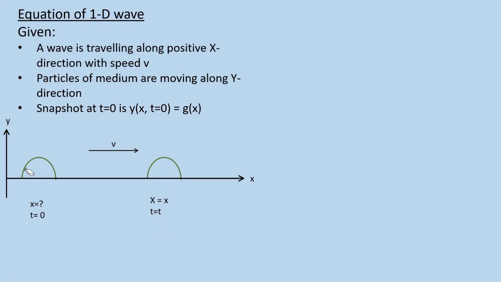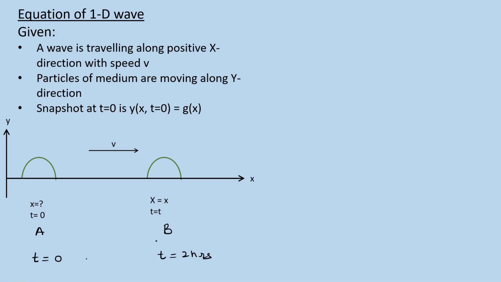You can think of it like a train traveling with velocity v, and I can give some values to illustrate this. Suppose there are two stations A and B. The train started from station A at t equal to 0 and reached station B after, say, 2 hours.